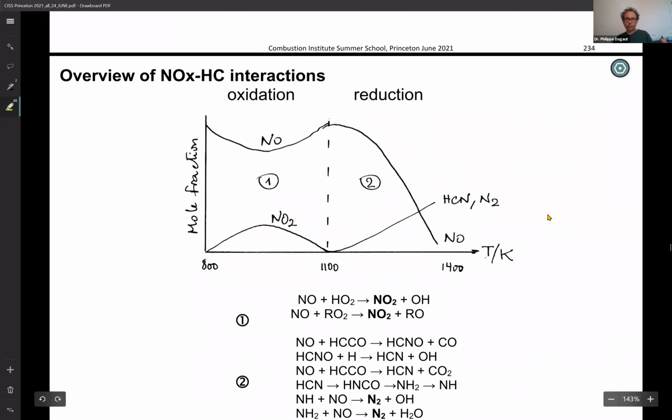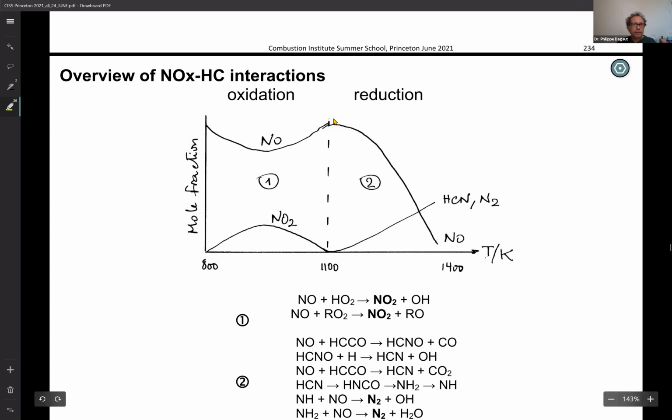So I would like to go back to this, because when I'm teaching this interaction between NO and hydrocarbons, students sometimes get confused. We must differentiate between two different regimes.